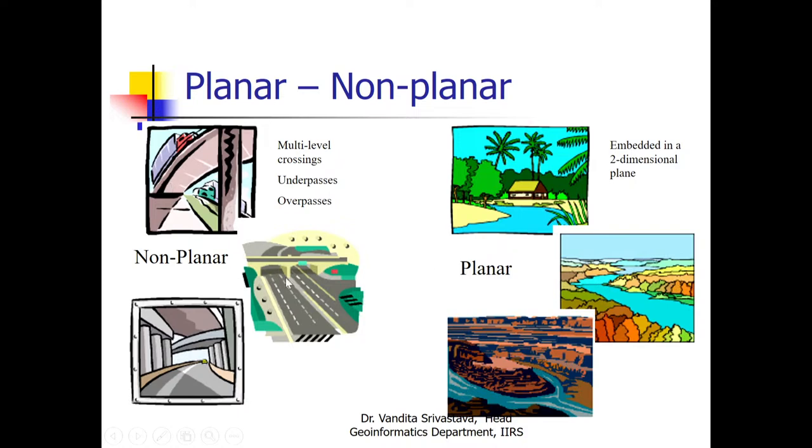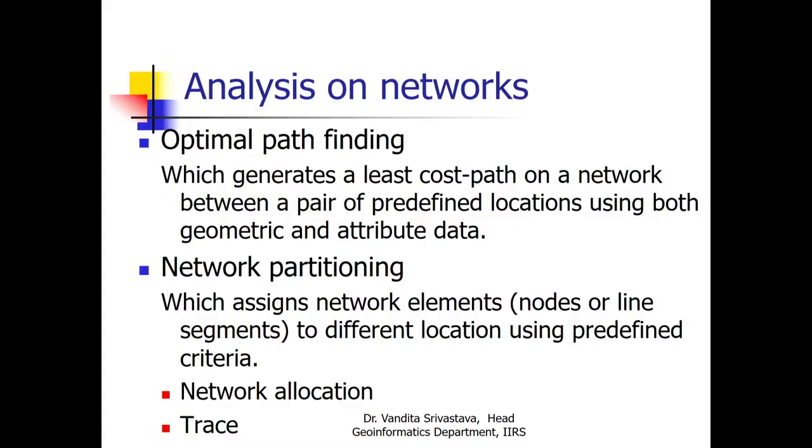Like in case of roads, we can have underpasses and overpasses. So that is a non-planar network. Multi-level crossings, underpasses, overpasses will indicate a non-planar network. While the natural water is planar, if we create an artificial water system, then it may also be a non-planar network, right?